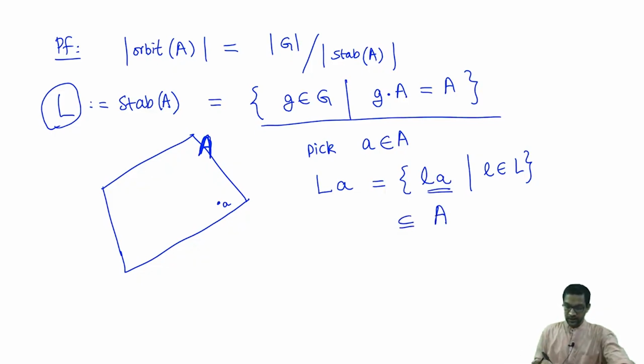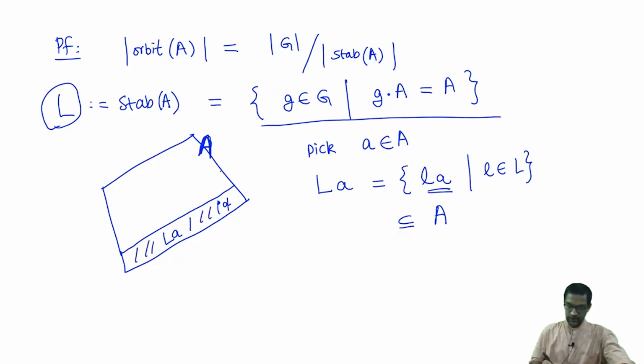Okay, so what does that mean? If I look at this coset LA, that entire thing is a subset of A. So as soon as an element belongs to A, its entire right coset of L belongs to A.